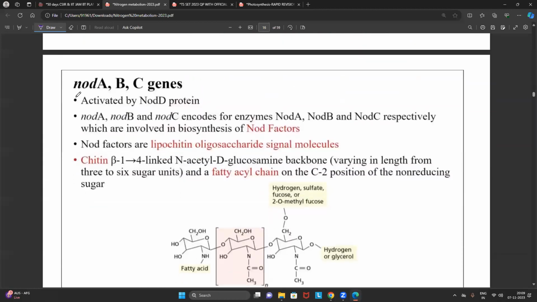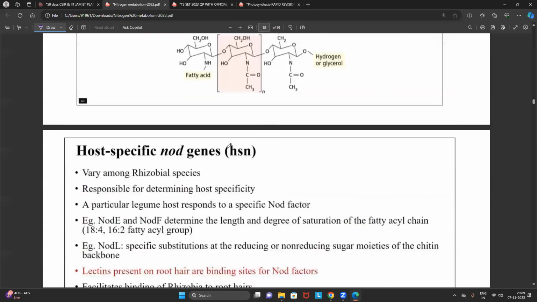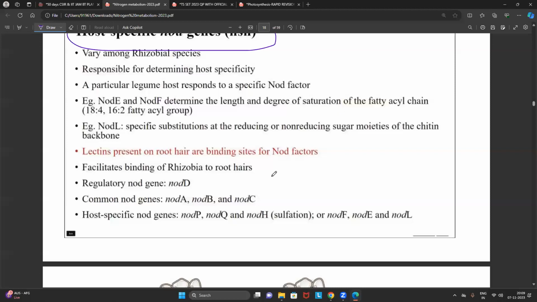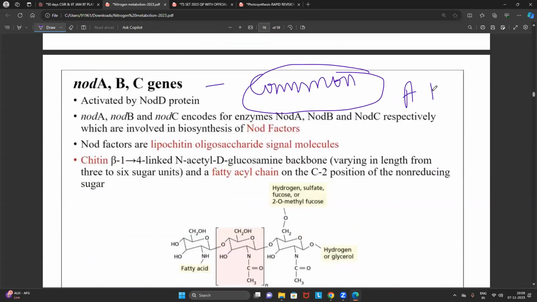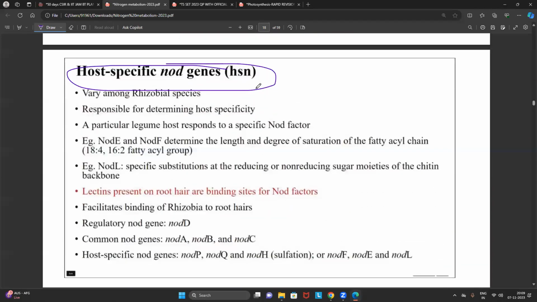One is called common NOD genes, and another one is called host specific NOD genes. Correct? Now, what are examples of common NOD genes? A, B, C. That's all. What are the host specific NOD genes? P, Q, H, F, E, L.